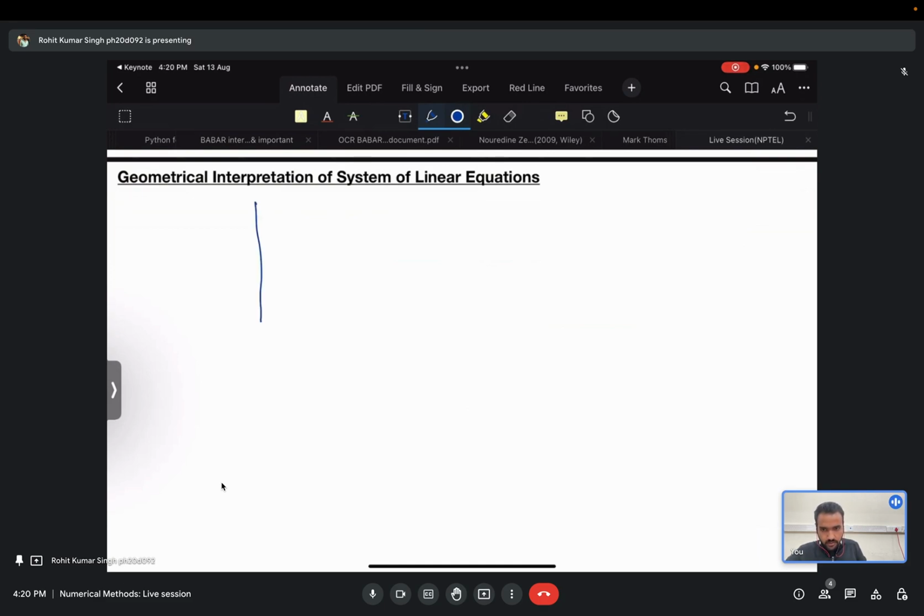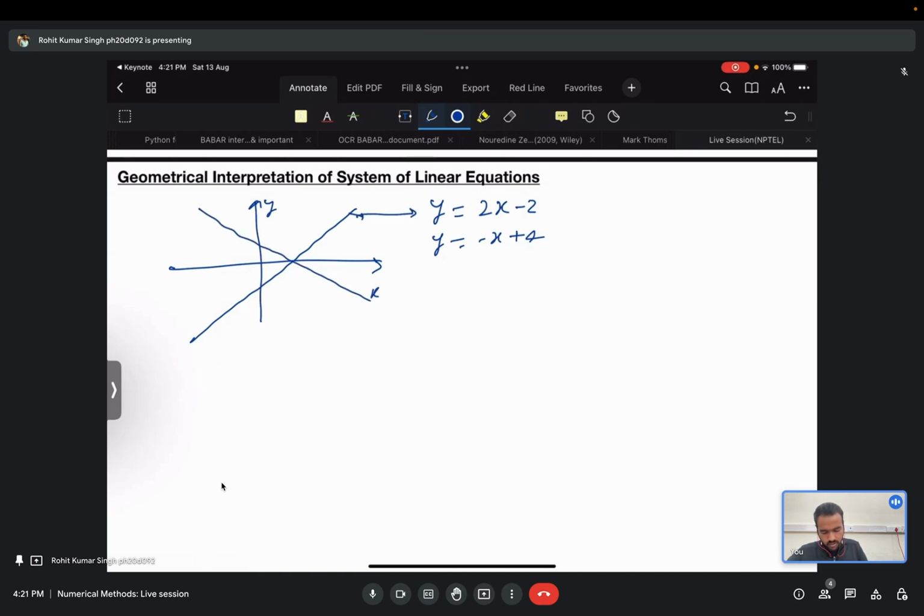So let's say we have an x and y-axis here, and two equations. The first equation, y is equal to 2x minus 2, is this one, and the second equation is a little bit over, because it's plus 4, so it should go like this.